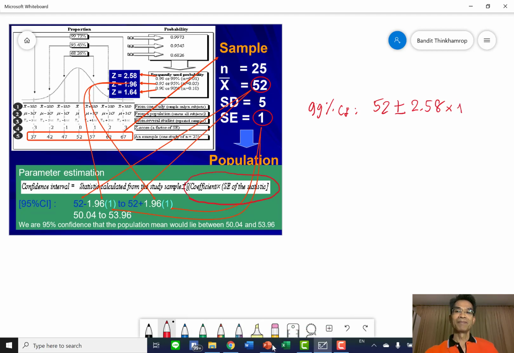Okay. So it will be wider, right? Wider. So of course it will give more confidence because the confidence interval is wide.